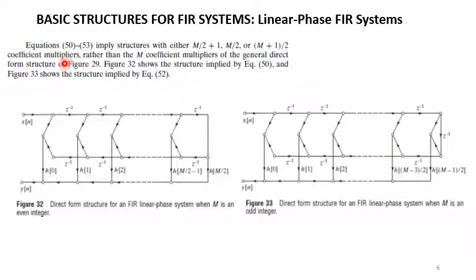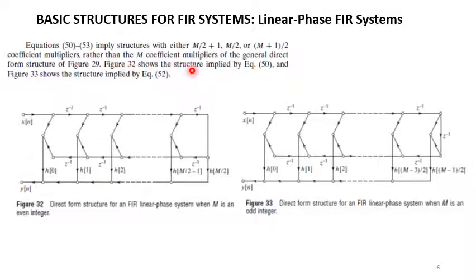As per the discussion in the previous slides, specifically equation 50 to equation 53, they imply that for implementation we need either m by 2 plus 1, m by 2, or m plus 1 by 2 coefficient multipliers, rather than all the m coefficient multipliers of the general direct form structure which we talked about in figure 29.